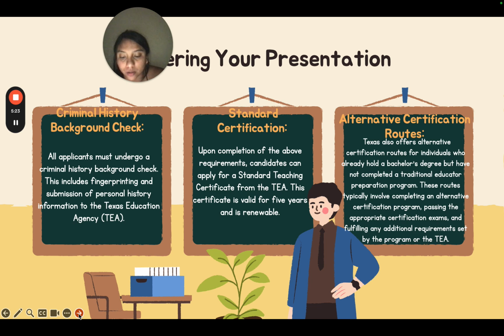Texas also offers alternative certification routes for individuals who already have a bachelor's degree but have not completed the traditional educator preparation program. These routes typically involve completing an alternative certification program, passing the appropriate certification exam, and fulfilling any additional requirements set by the programs of the team.